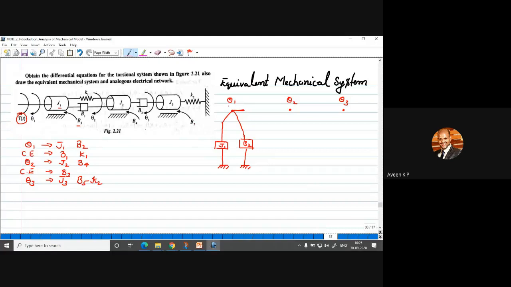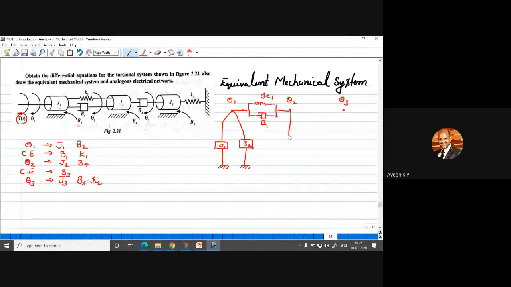So let me represent K1 and B1. These act as common elements.